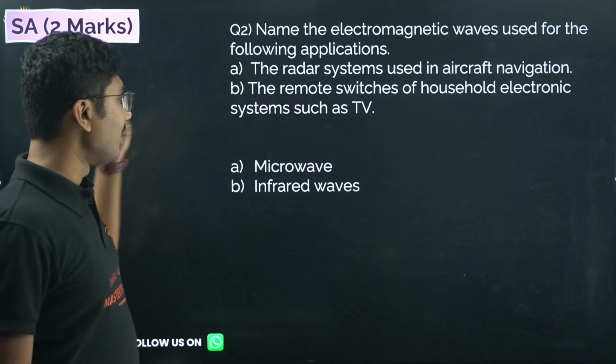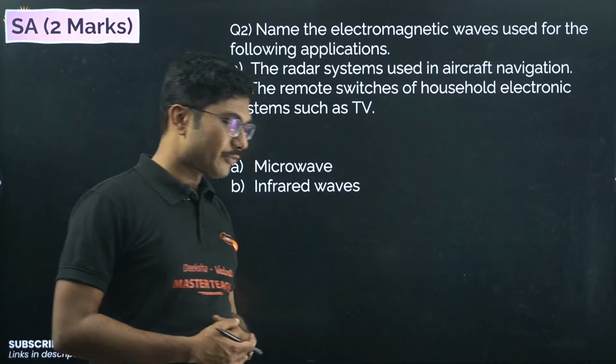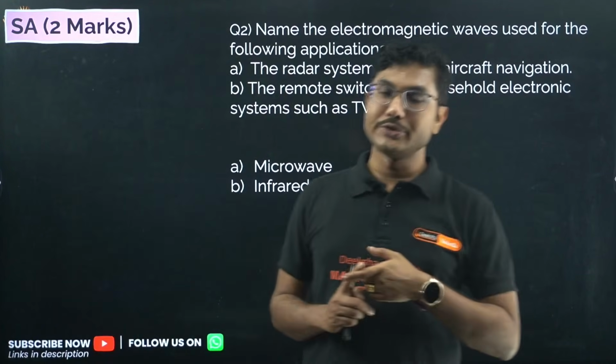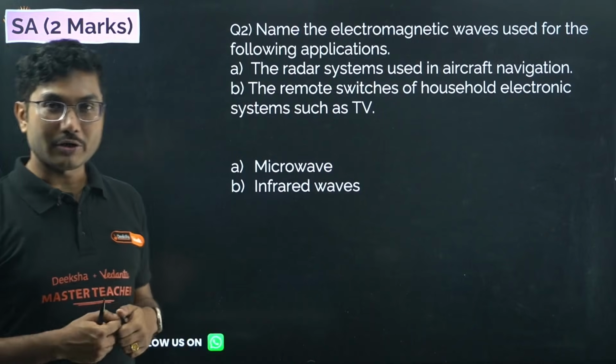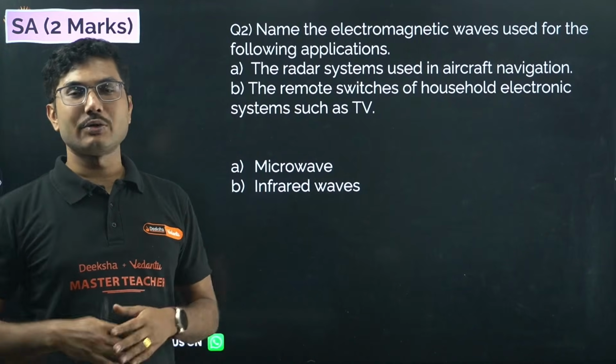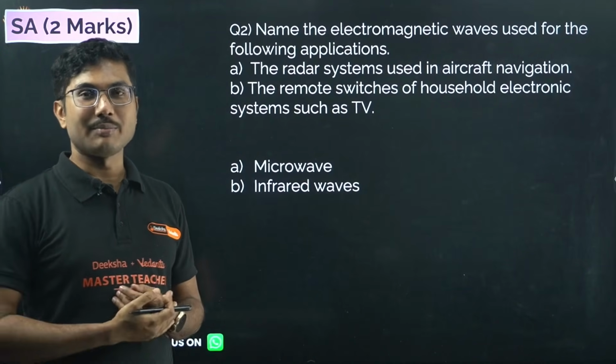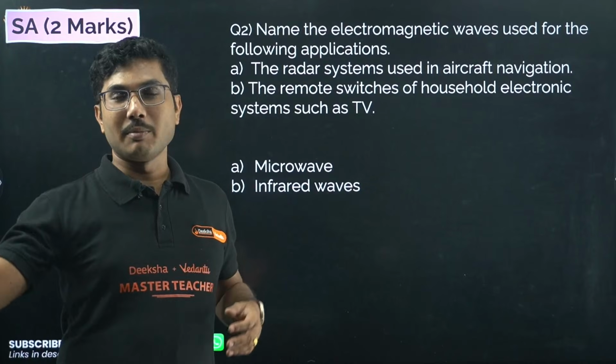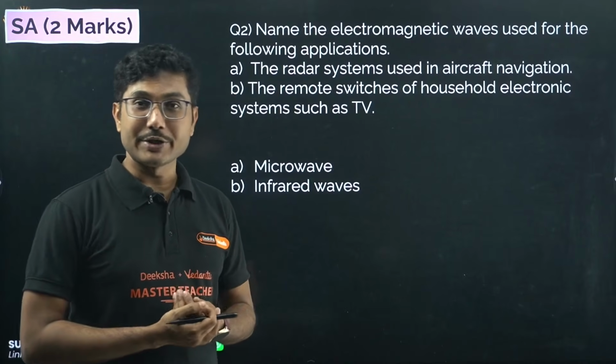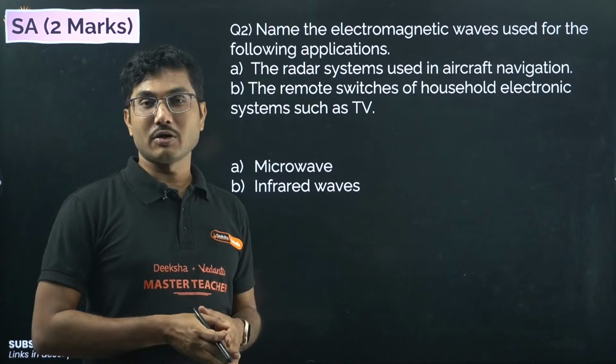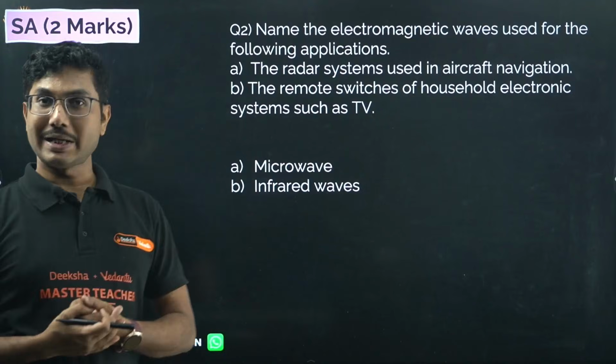So the answer for this is microwave. Microwave is used in radar, microwave is used in sonar technology as well. Sonar technology is used underwater to detect if there is some enemy ship present, any underwater mountain is present, or some fishes are there or not. So those use microwaves.